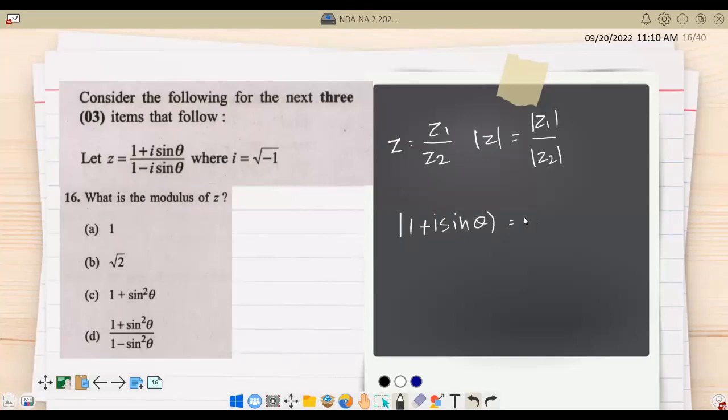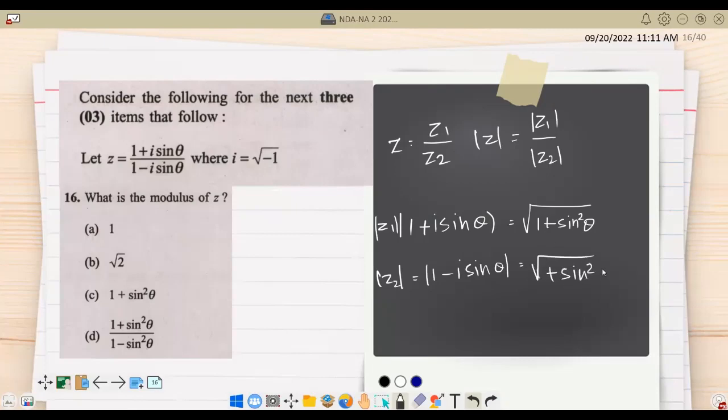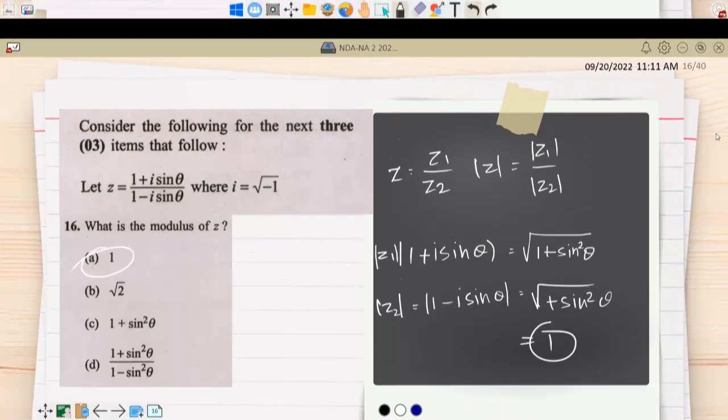Of course, this is root of 1 plus sin square theta, modulus of z1. The modulus of z2, 1 minus i sin theta, is again root of 1 plus sin square theta. If you divide them both, you get 1. So the modulus is 1.